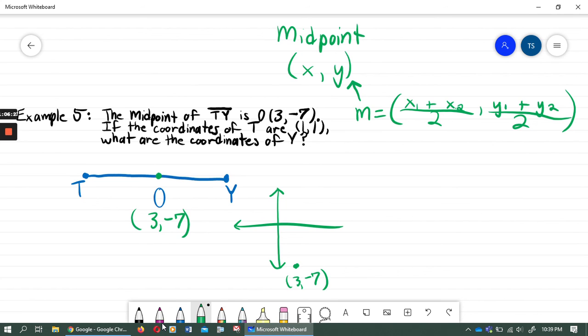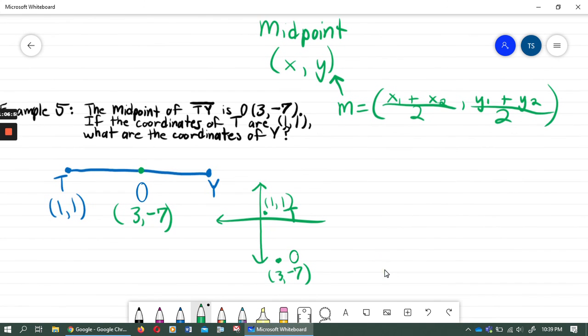And point T, if they say (1, 1), then point T will be right there, at that point (1, 1). But again, folks, if you just wanted a little visual, all right.